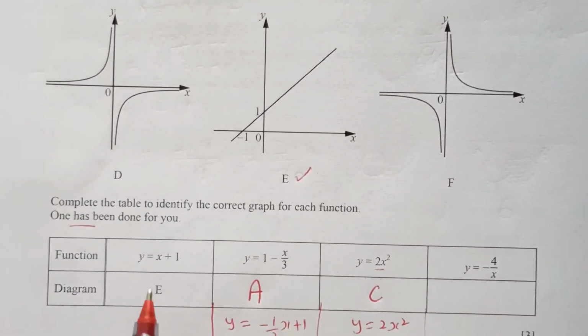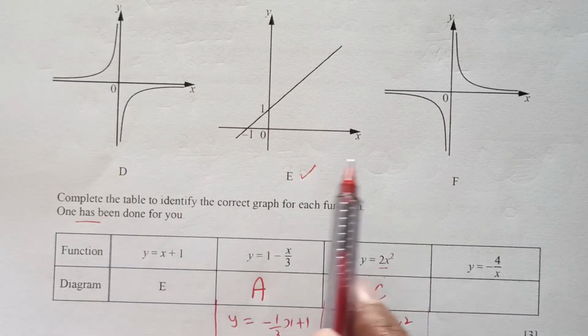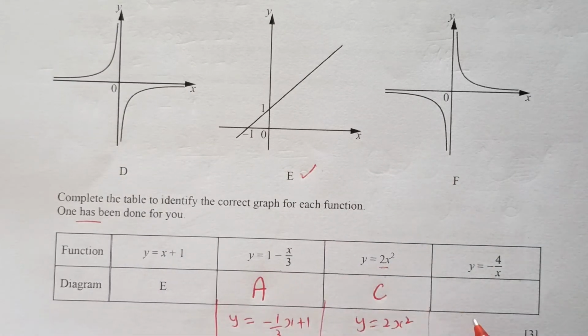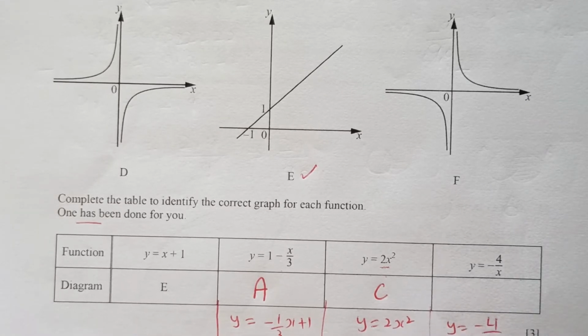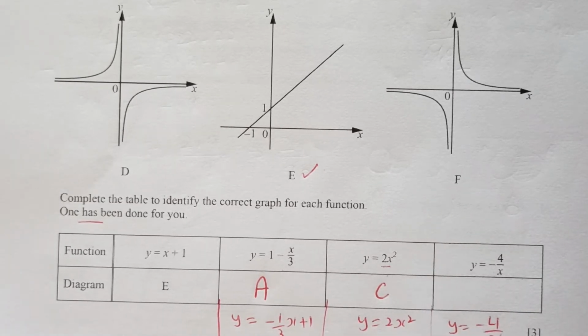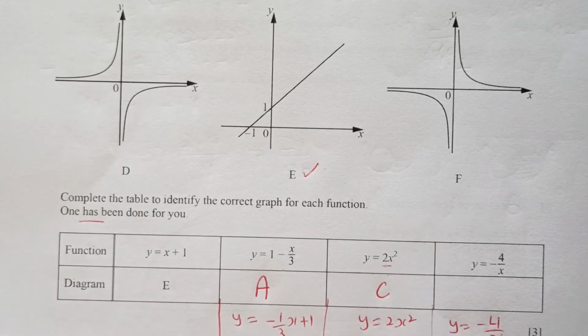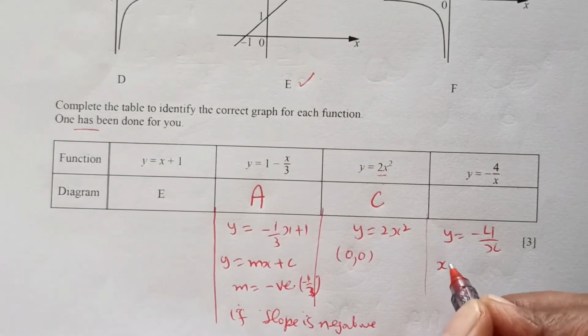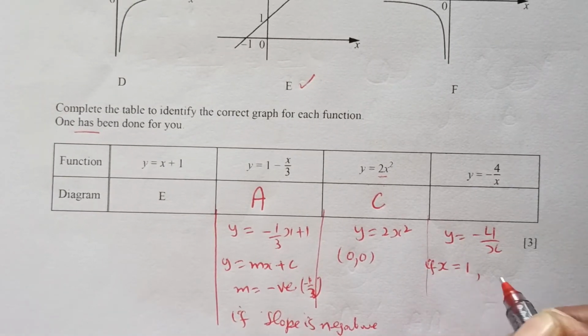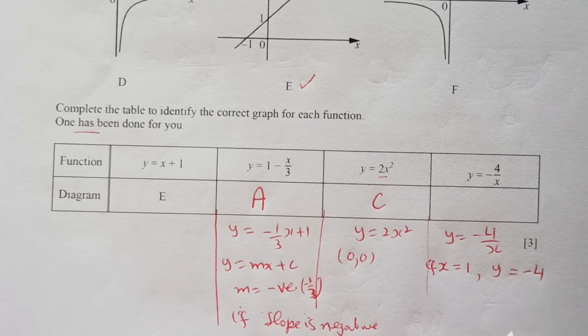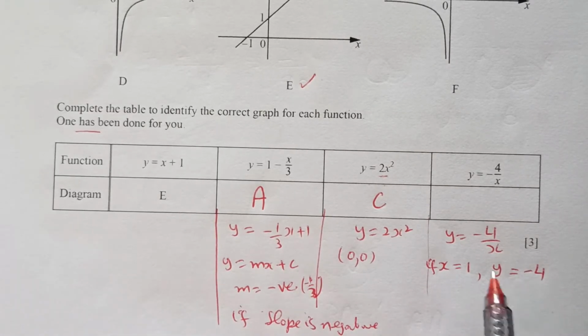So we have 2 options left, D and F. Out of D and F, we want to see which one will go for this equation, y equals negative 4 over x. So if x is 1, I'm just taking a simple value, then y will be negative 4.